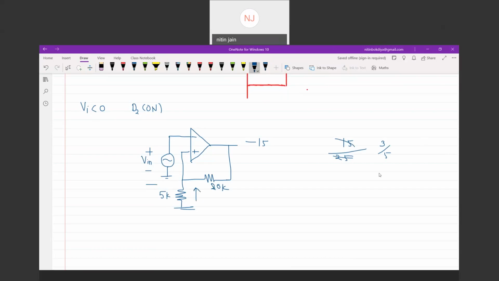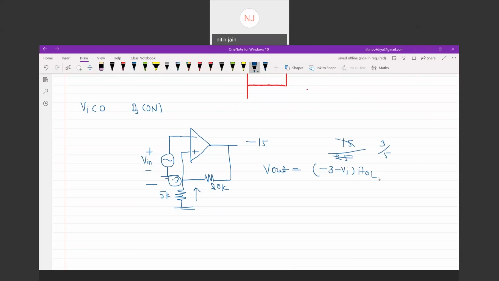If this is the current in this direction, the value of V plus is equivalent to minus 3 volt. So you can say V output for the circuit is equivalent to minus 3 minus Vi, into AOL. Now we can check for which condition the output is in positive saturation and for which in negative saturation.